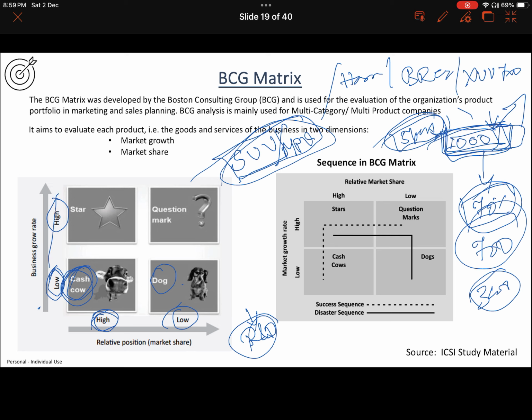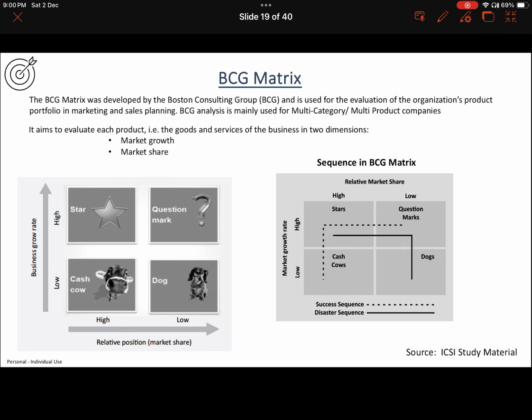So the market is growing on the SUV side, and say for example the company's position is also good. The company is holding a better market share in the SUV segment. So this is the situation here. In this case, what will be the company's strategy? Let us see in the next slide.